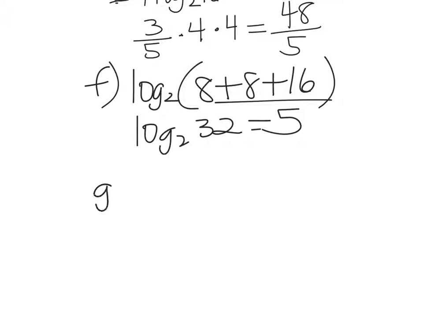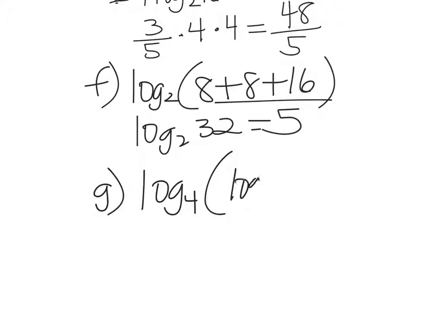All right, last one of these. Log base 4 of the log base 5 of 25. A log within a log. That's fun. Start with the parentheses, okay? Just use your correct order of operations.